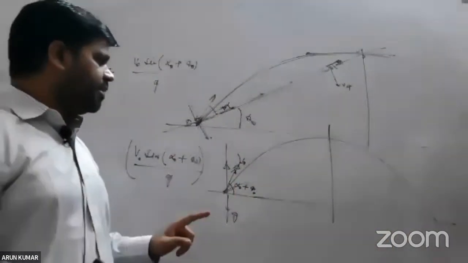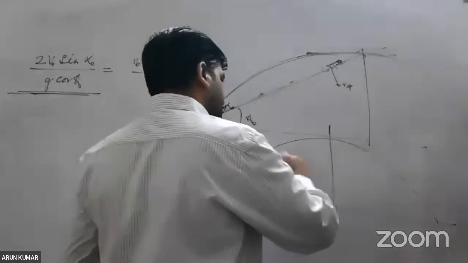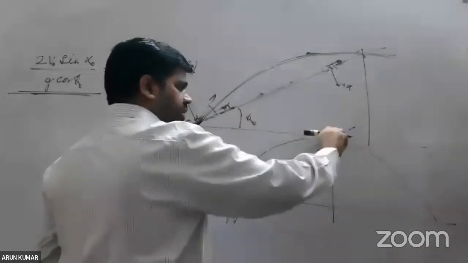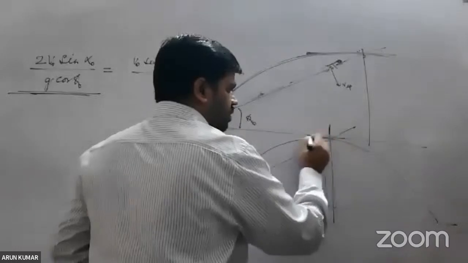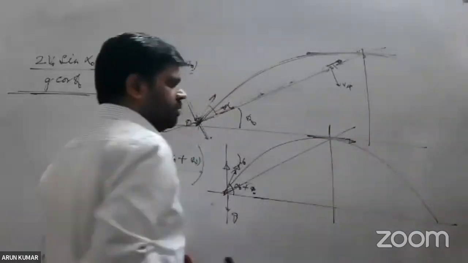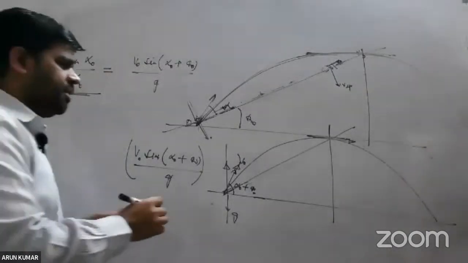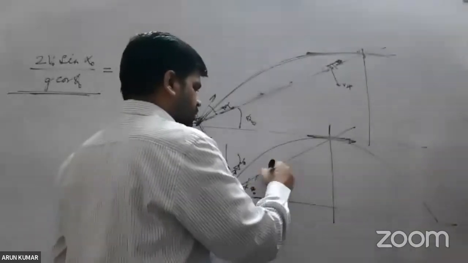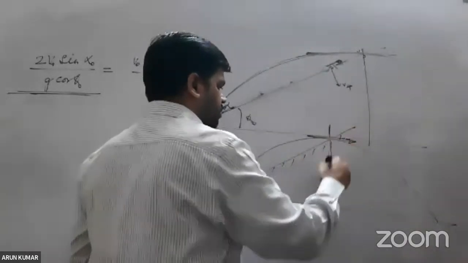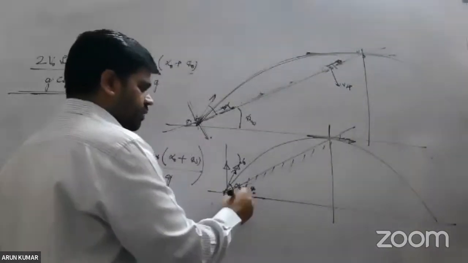But my incline is such that the particle is hitting this incline horizontally. You all see this? This is my inclined plane now. This is the ground.